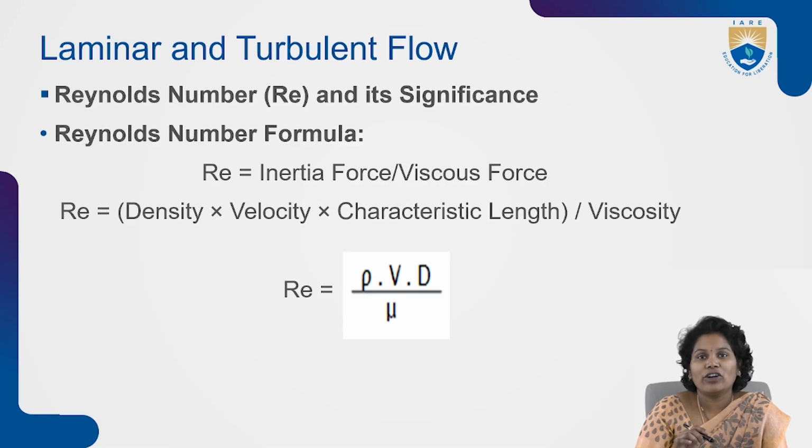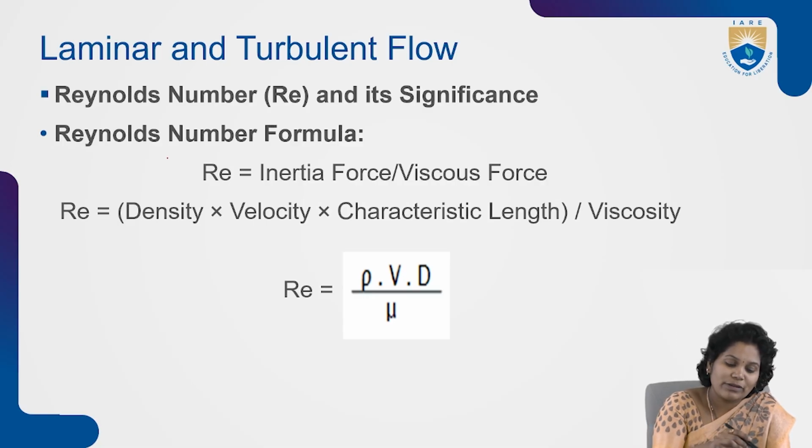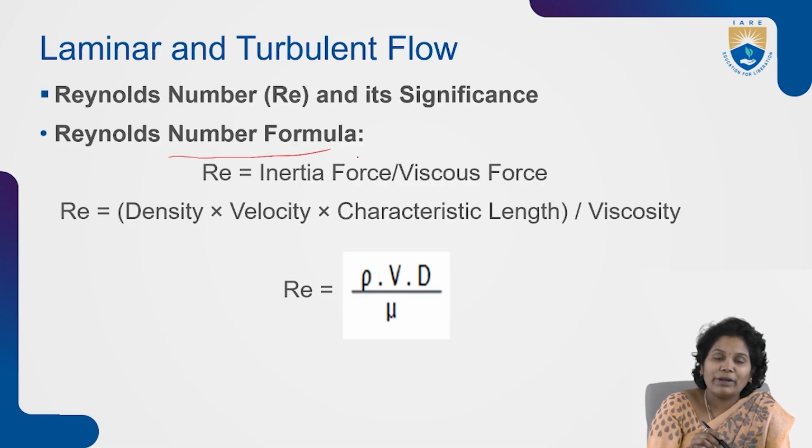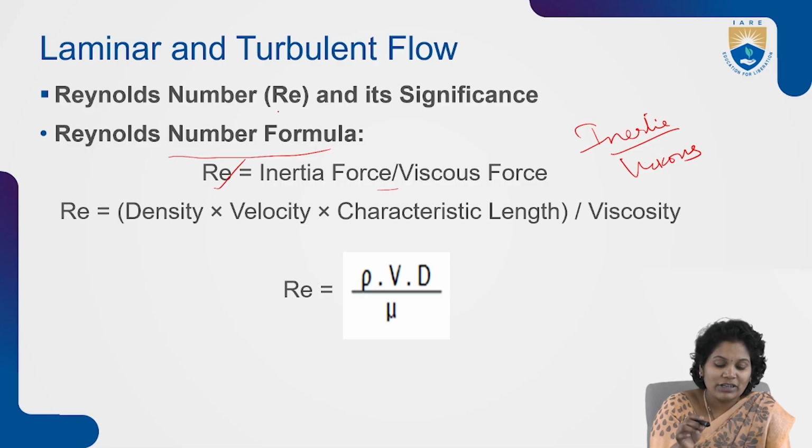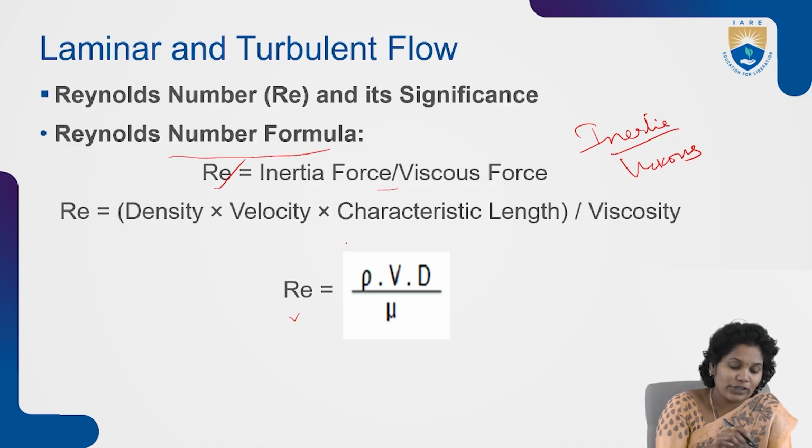So here the Reynolds number. The main formula: the ratio of the inertia force to the viscous force is called the Reynolds number, and it is a non-dimensional unit.